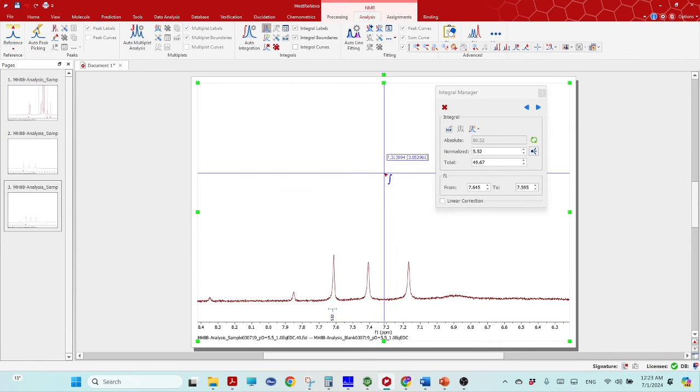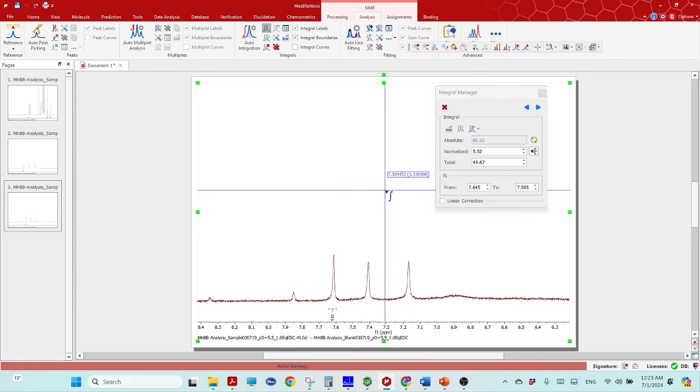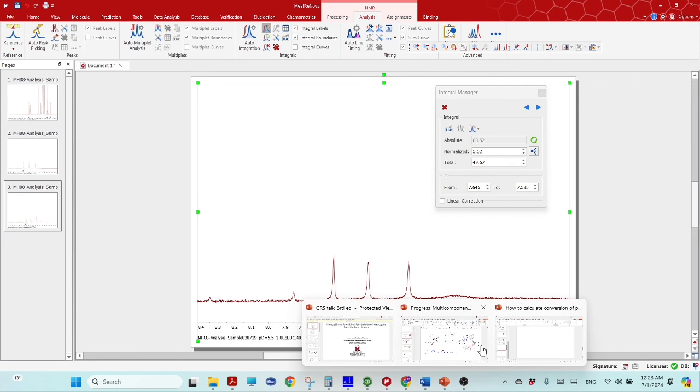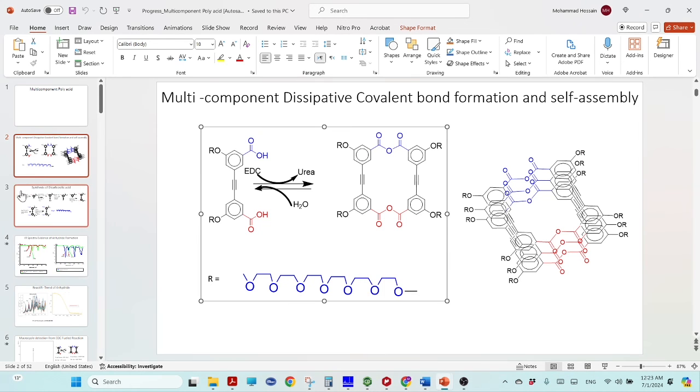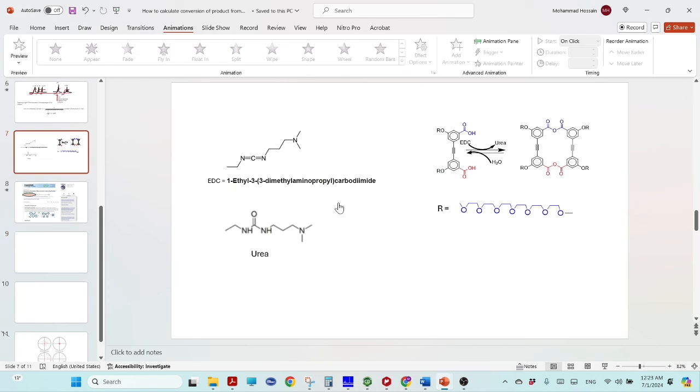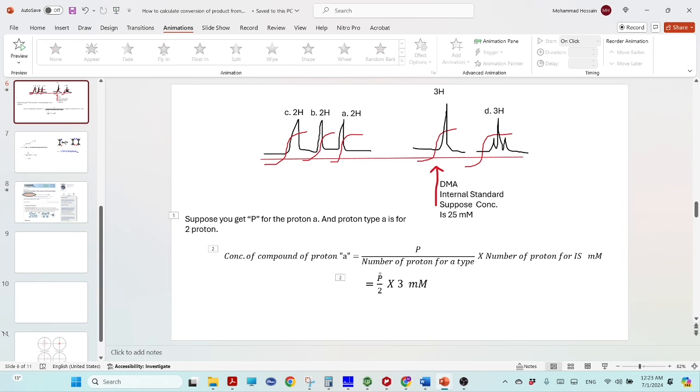So this is how you can calculate the concentration of a certain product if you know which peak is for which product. And if you use an internal standard, you only need to know the number of protons for your internal standard, and then you can find out the concentration according to this equation.